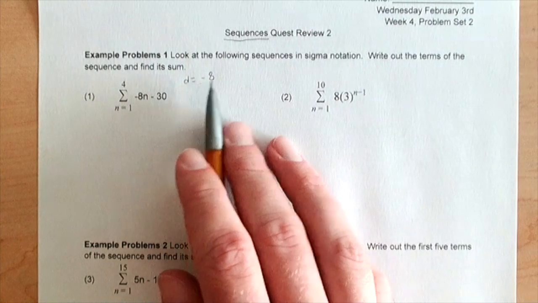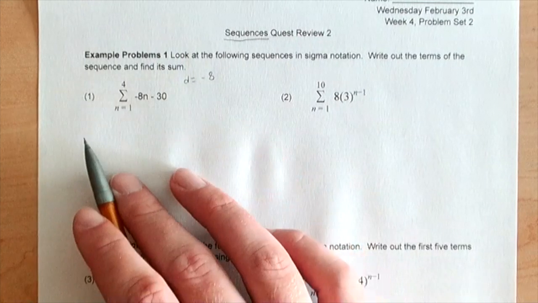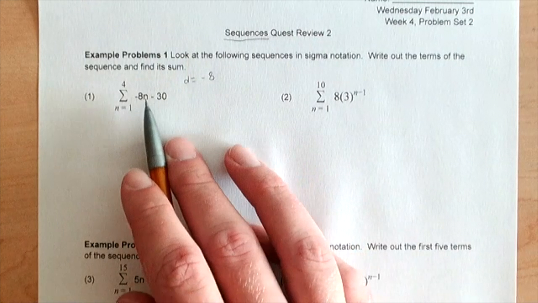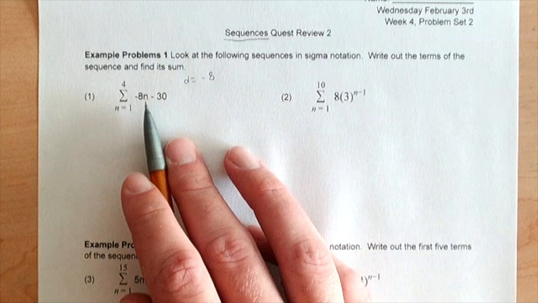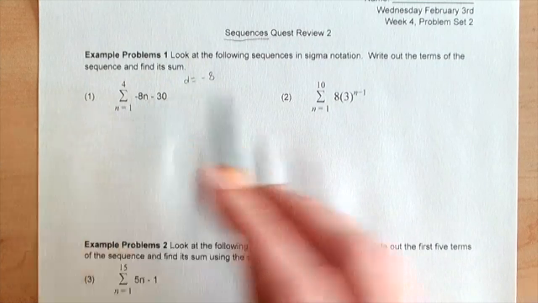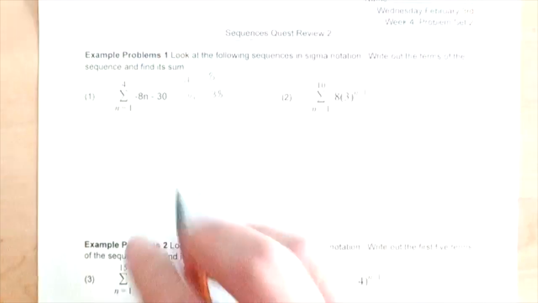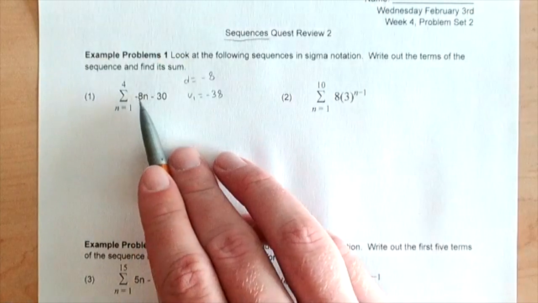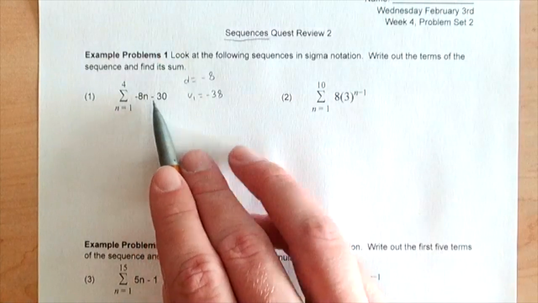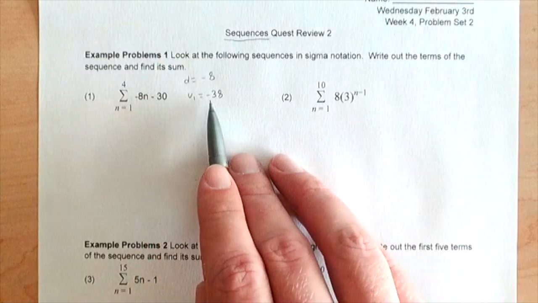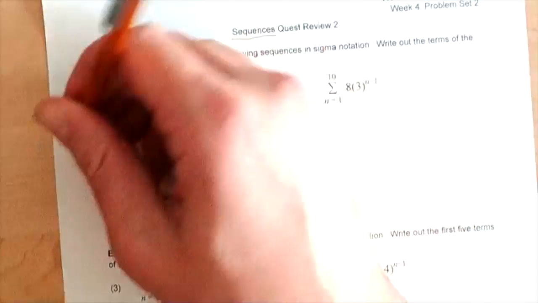So the common difference is -8. And if I'm trying to write out the first term, we have to remember that that's when we plug 1 into the equation. Okay, so I'm going to do this in my head as -38. Just think that -8 times 1 is -8, and -8 minus 30 would give me -38. So that's my first term.